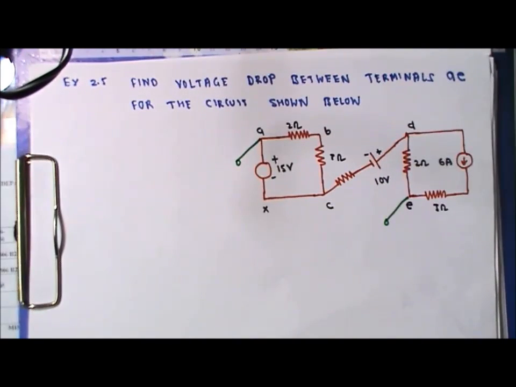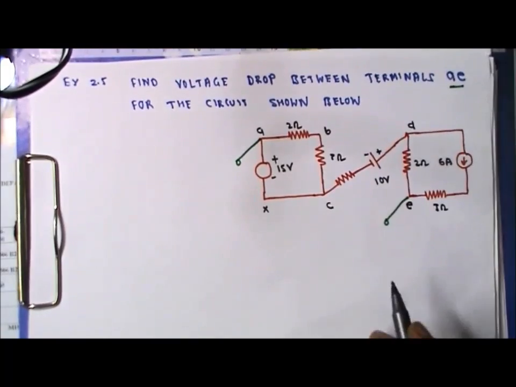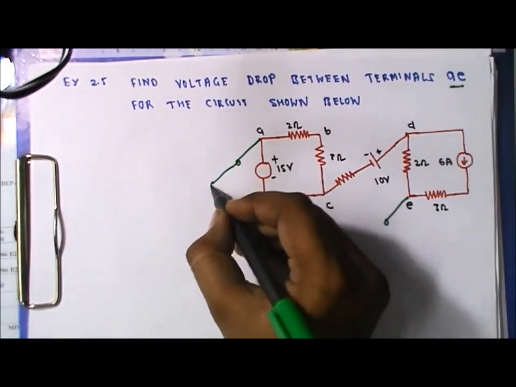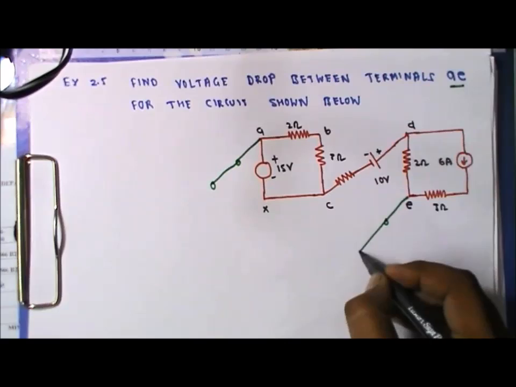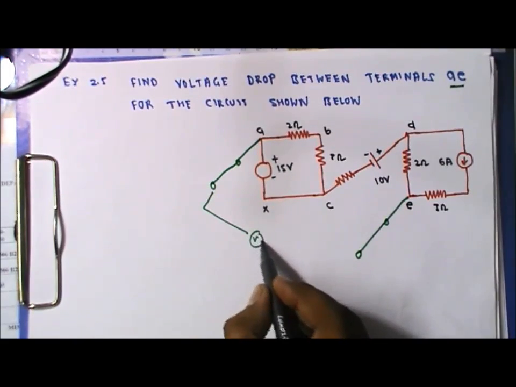In order to solve this kind of circuit, firstly we have to assume two wires between the terminals where we have to calculate the voltage. Here in this question AE is the point where we have to calculate the voltage. Let us suppose A having a wire like this fashion and E having a wire like this fashion, and put a voltmeter on it.